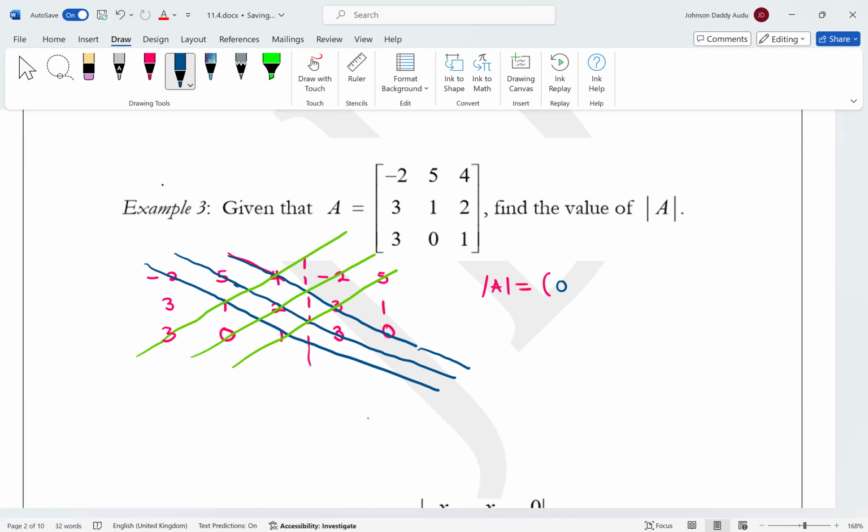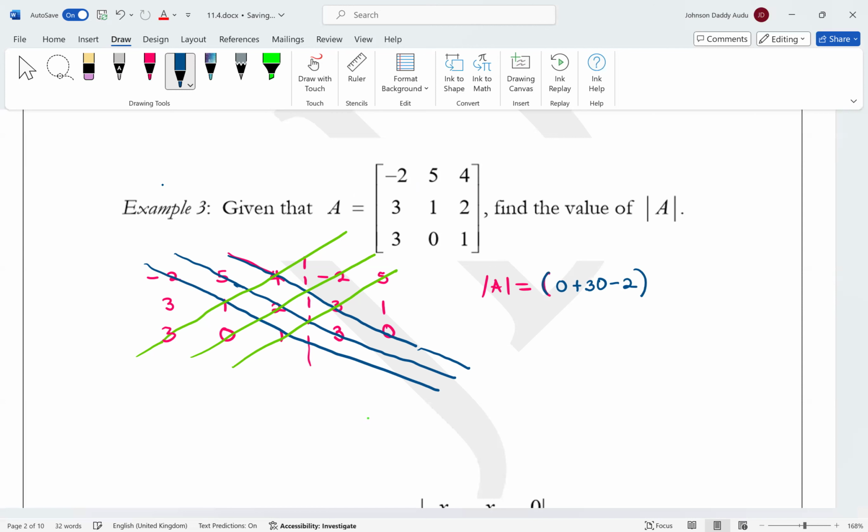And this will be 5 times 2, which is 10 times 3. So this will be plus 30. And then you have minus 2 times 1. So this will be minus 2.